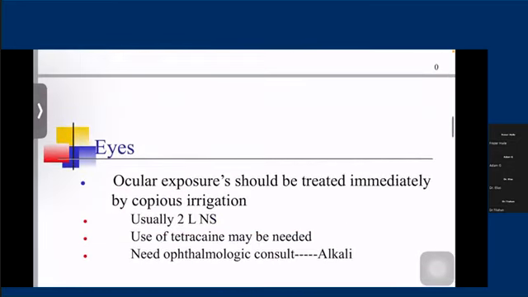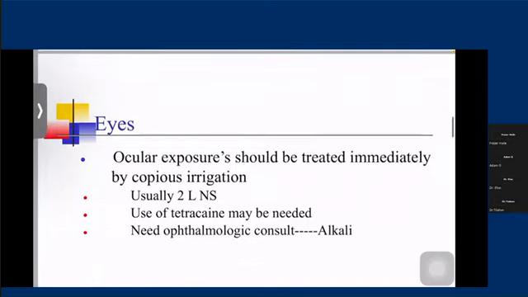Regarding eye decontamination, the eye can also be affected by certain chemical injuries. Especially alkalis are known to cause significant eye injury, because as we know, alkali can cause liquefactive necrosis, so it can cause deep injury.